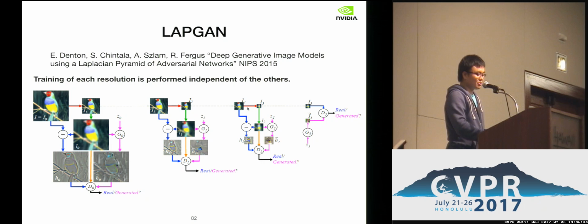But for higher resolution, you use the real image to produce the low resolution one, and then compute the residual, which will be the true sample, and use G2 to produce a residual based on the low resolution image, and have the discriminator differentiate whether the residual looks like a real residual. So the training here does not depend on the previous one, and you can train everything independently.